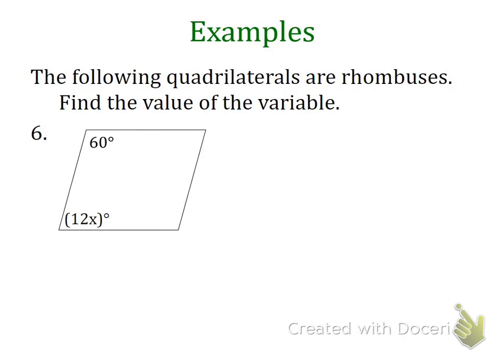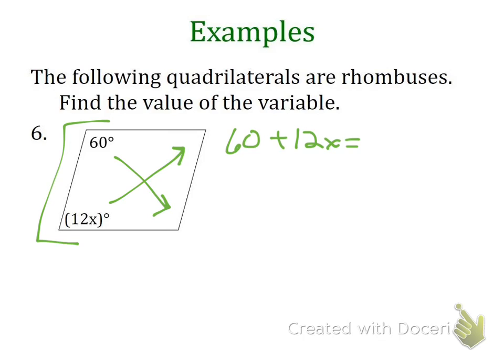All right. What do you guys think on this one? Are these equal to each other? Wait. Opposite angles are congruent. Oh, I see what we've got to do. These add up to 180. Okay. So 60 plus 12x equals 180.